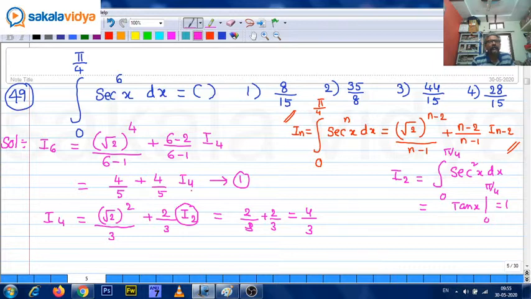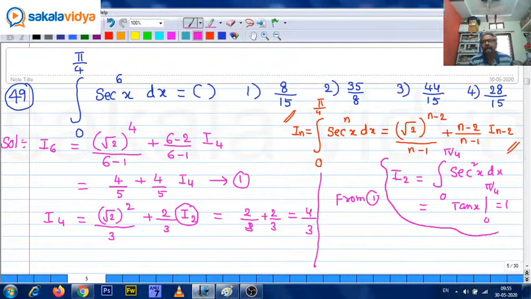Now from equation 1 let us find out. From 1, I6 equals to 4 by 5 plus I4, which is actually 4 by 3. 4 by 5 into 4 by 3.